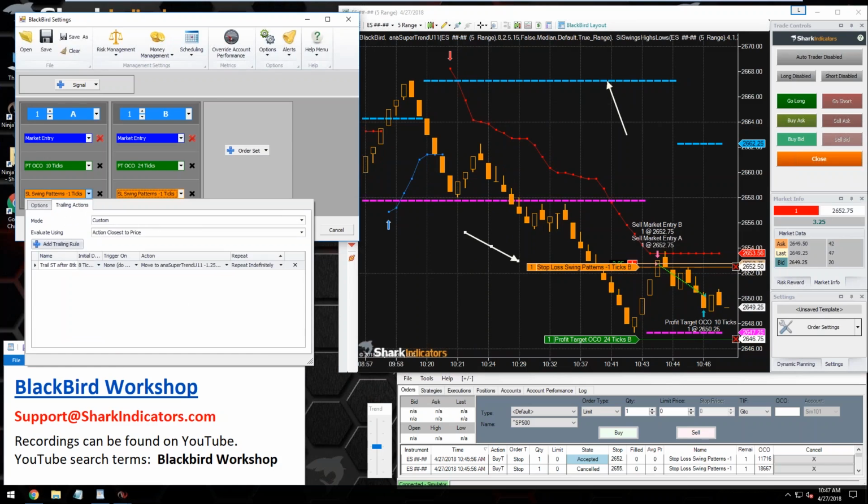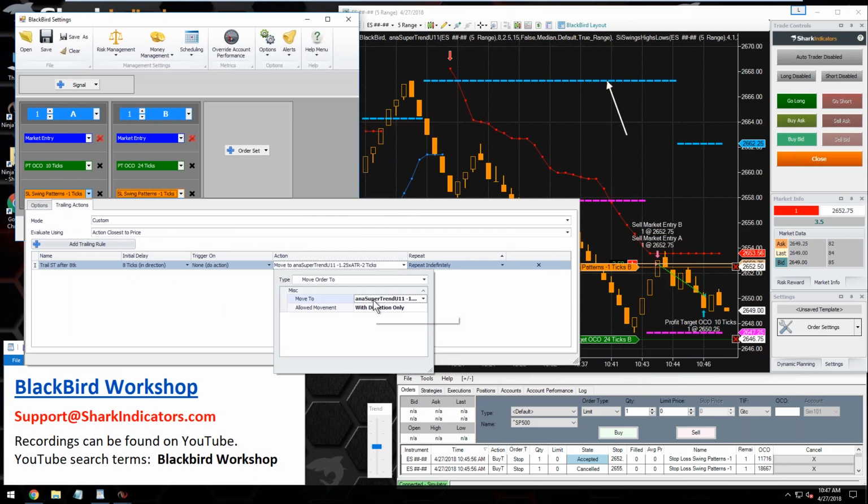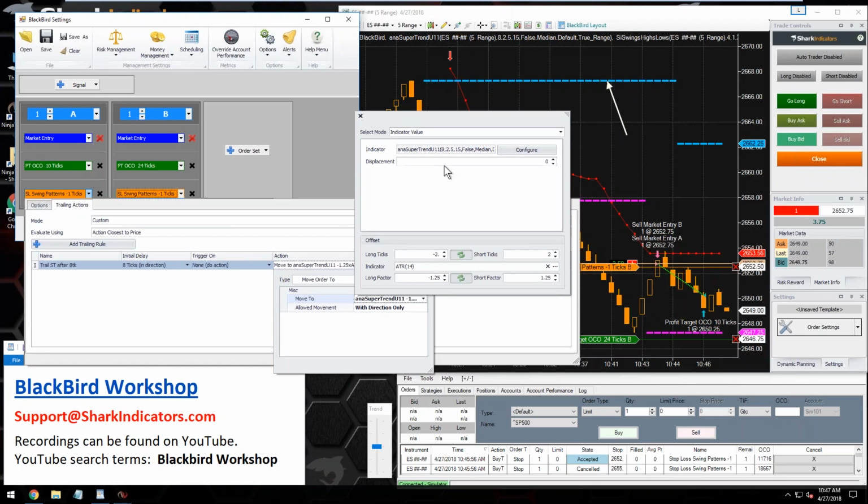Let me just remind myself here. A delay of 8 ticks, and then we're moving it. Yeah, the super trend. Let me take these tick offsets out and clear that out. Now it's just the ATR 1.25 added to the anaSuperTrend.